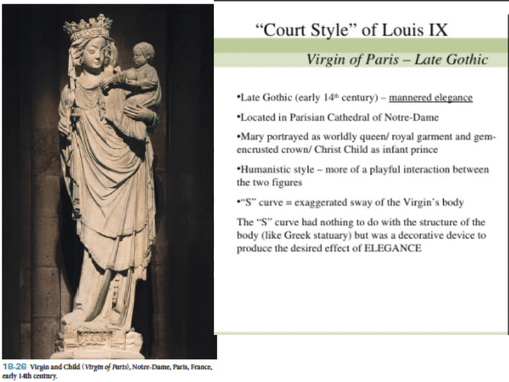The body imitates an S curve, which if I were in the classroom, I would be able to show you exactly where that S curve is. It's basically a way in which they depict the body to seem as if it has more lifelike qualities. It's a stance. It's the exaggerated sway of Mary's body as her hip kicks out to support the baby Jesus.